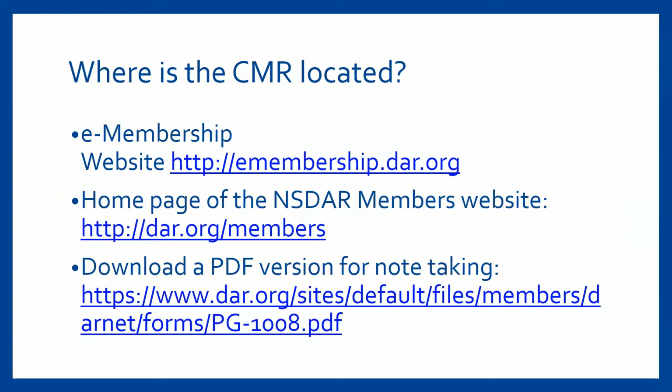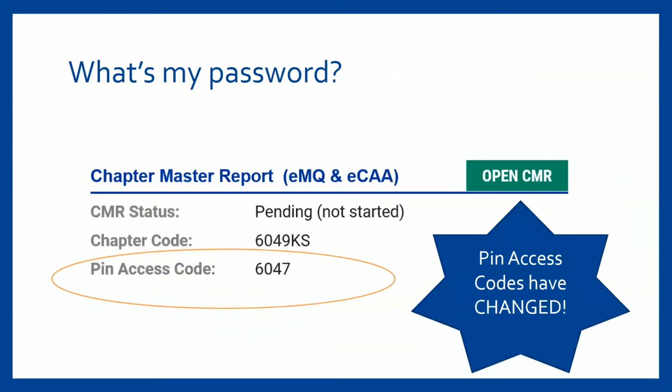You can also download and print a copy of the CMR from our NSDAR members website. Kathy Hayes has also developed this really great simplified form that talks about each of the questions that are answered committee by committee. We'll link that with this presentation. Even if you print out a copy, all entries for your chapter must be submitted electronically.